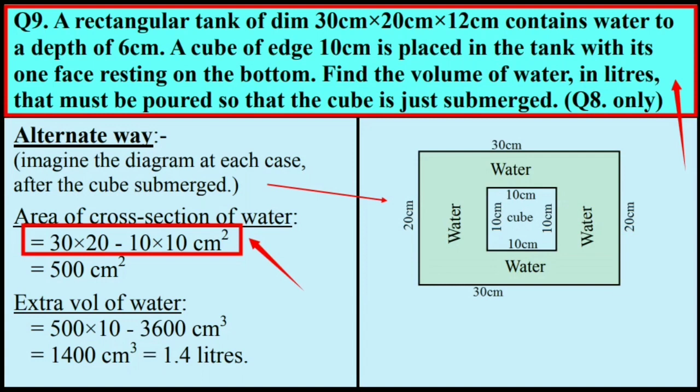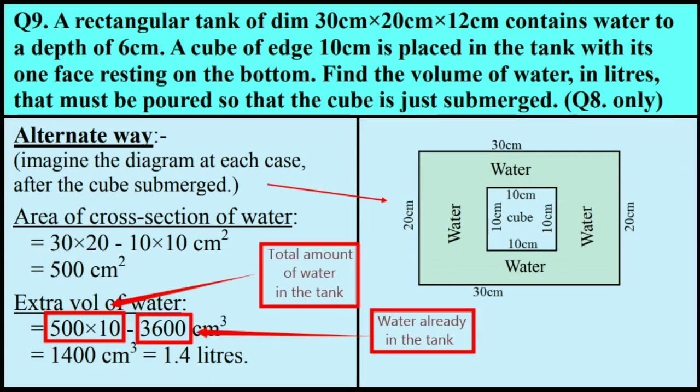First part, the area of cross section of water in the container is 30 multiplied by 20 minus 10 multiplied by 10, where 30 multiplied by 20 is the base area of the container and 10 multiplied by 10 is the base area of the cube. Finally, the area of cross section of water in the tank is 500 centimeter square.